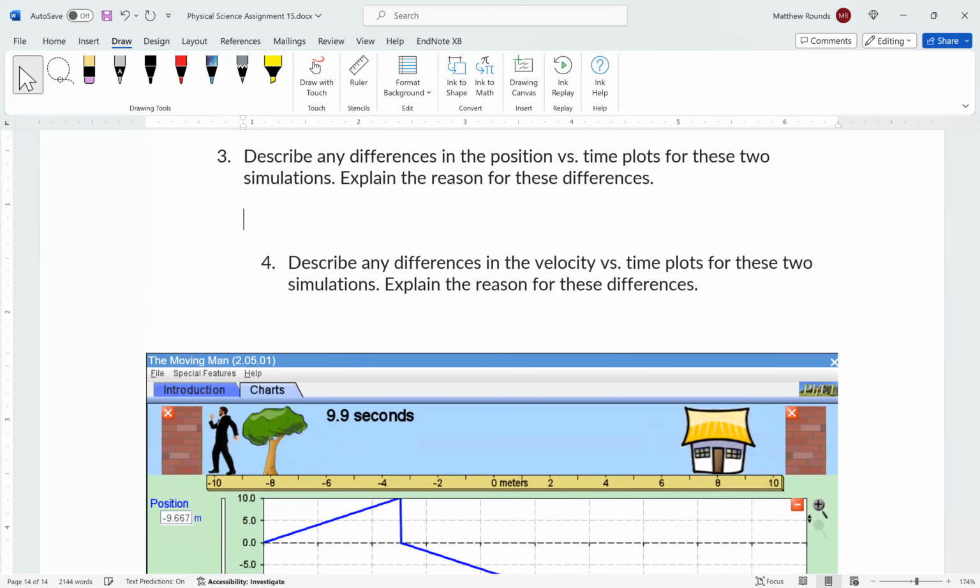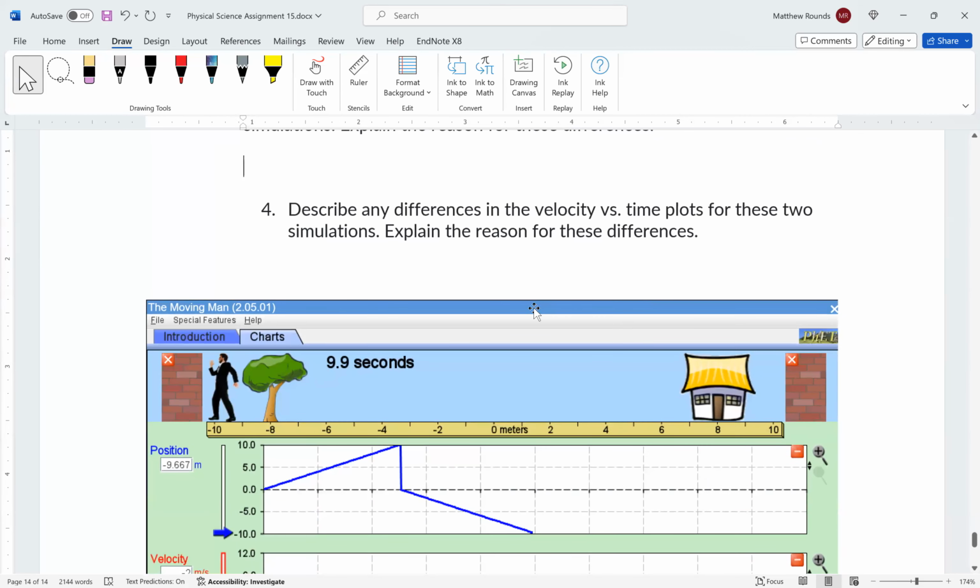All right. So explain any differences in the position versus time plot. Let me grab a snip of just the position versus time.